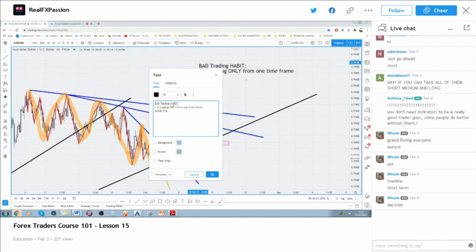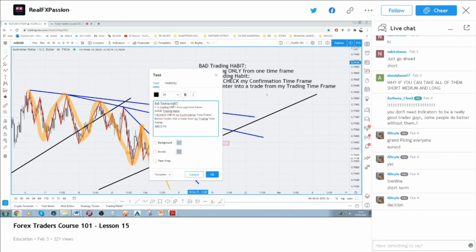Good trading habit: I always check my confirmation time frame before I enter into a trade from my trading time frame.